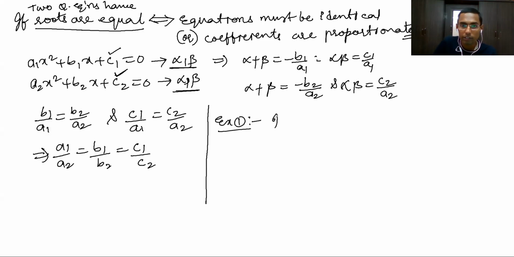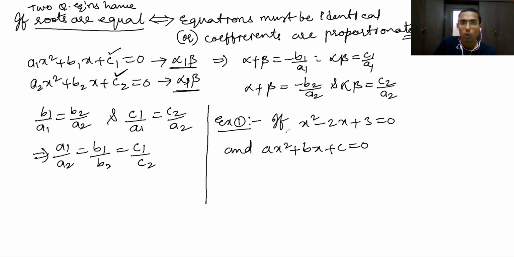So here, if x square minus 2x plus 3 equals 0 and ax square plus bx plus c equals 0, if these two quadratic equations have a common root, then find a is to b is to c.